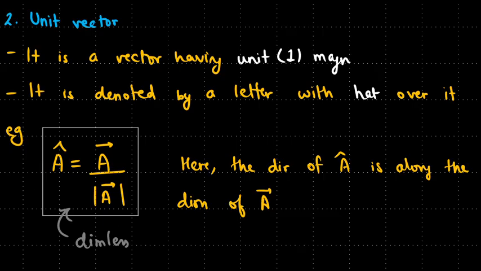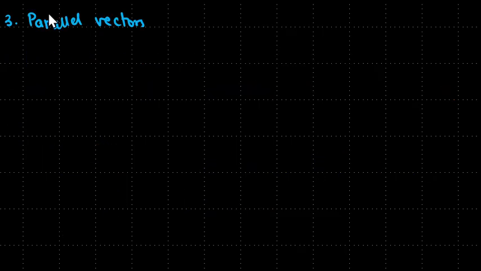Okay, so now let's talk about parallel vectors. I'm pretty sure you know what parallel is. So what do you think parallel means? Think about it. Two vectors, or any amount of vectors that you want to take, but we are just going to take two for this case.